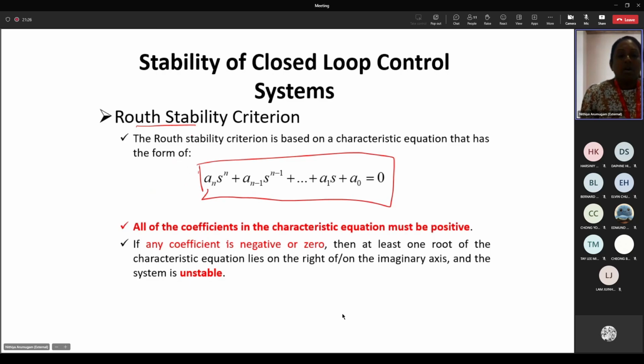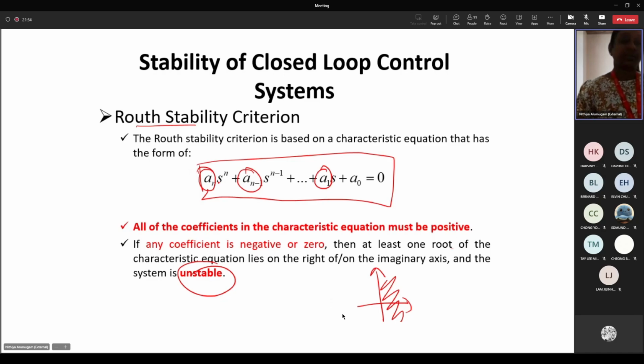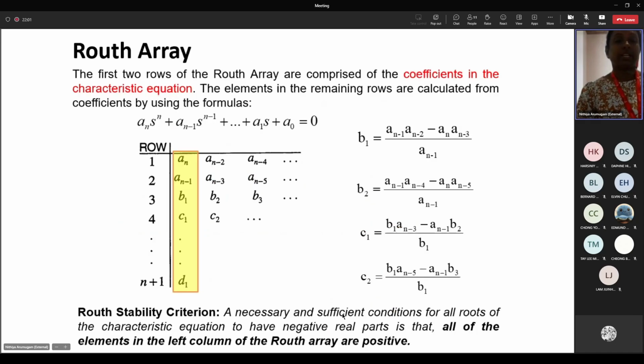All of the coefficients must be positive. If any coefficient is negative or 0, then at least one root of the characteristic equation lies on the right half of the complex plane, and the system is called unstable. So although the equation differs, the analysis and conclusion will be similar.